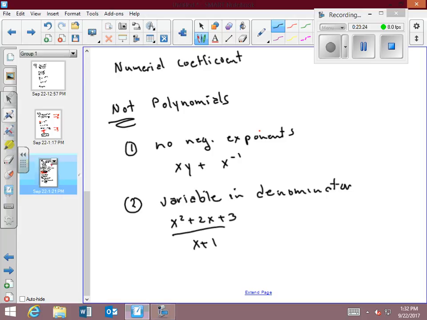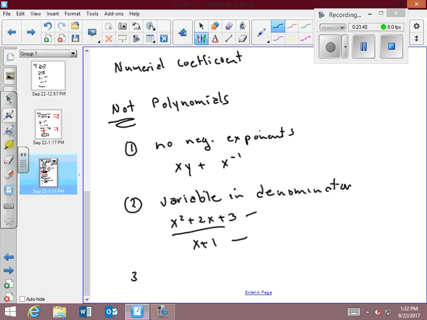What that is, the way I've written it, is a polynomial divided by a polynomial. And that would be called a rational polynomial. We're going to deal with rational polynomials after a while. But that's not a polynomial.